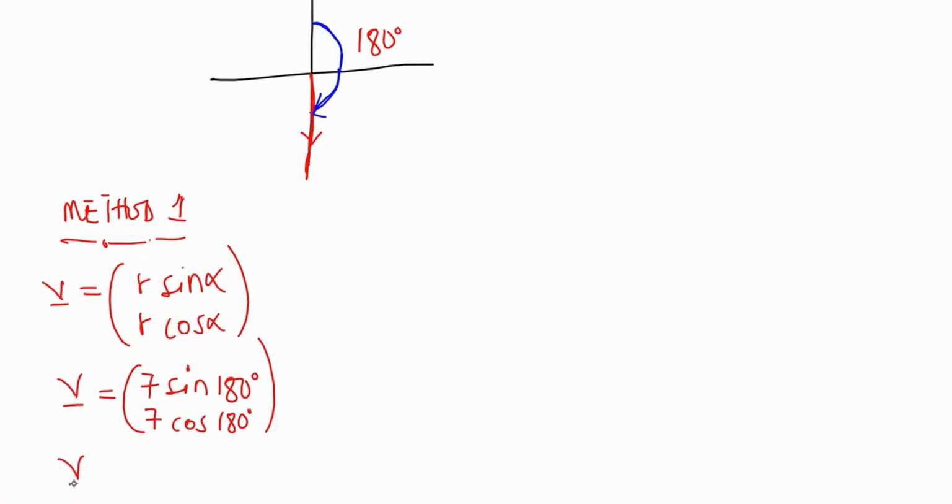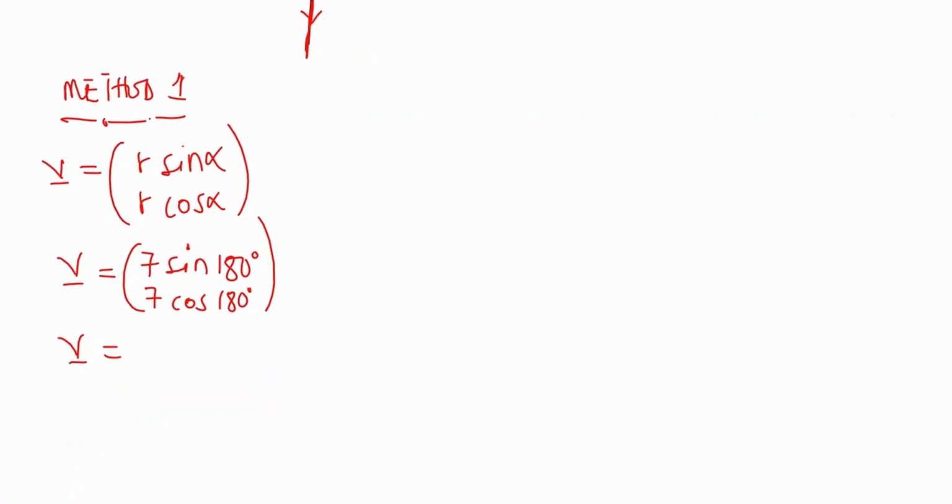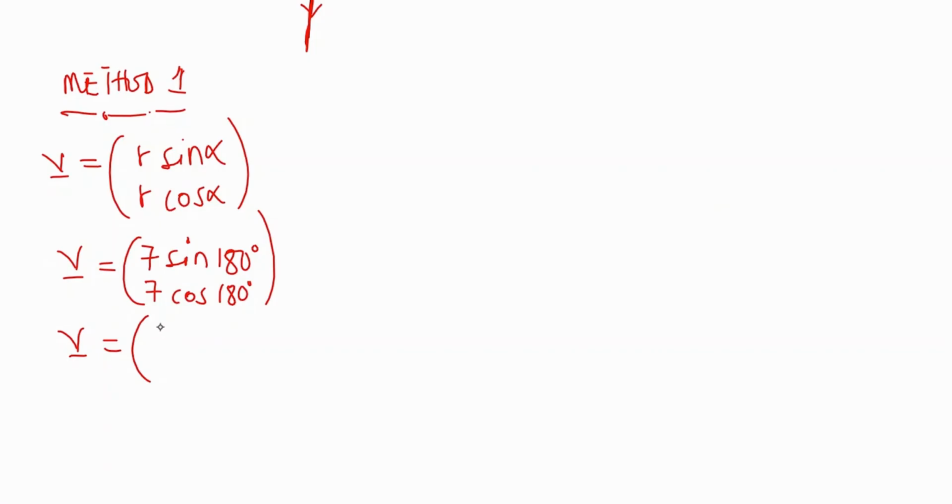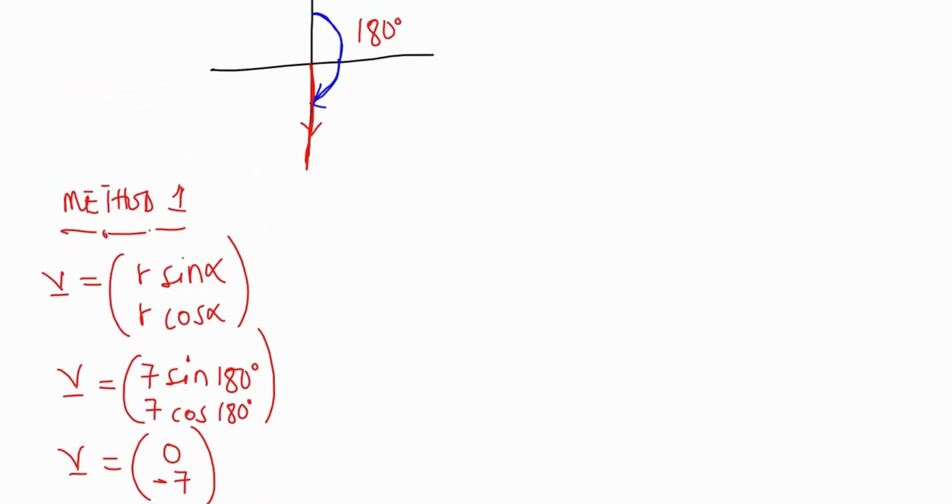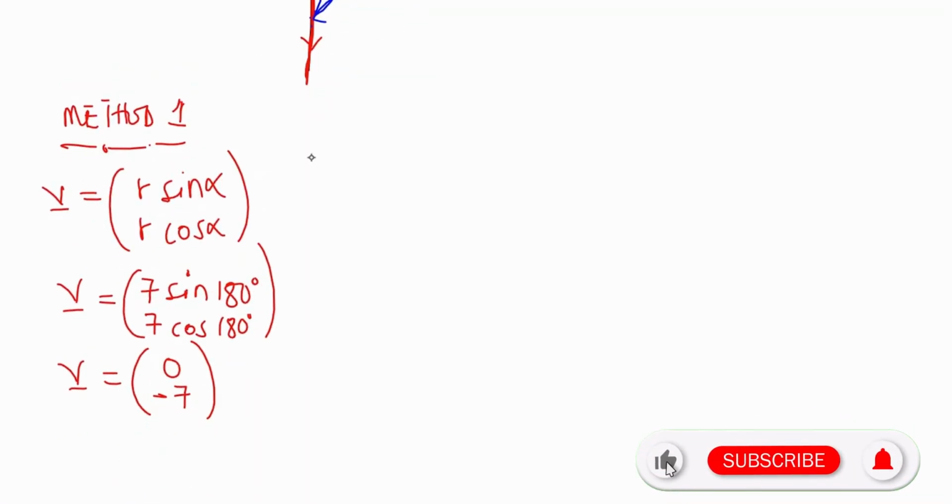So in component form, the vector v is now giving us 7 sine 180, which gives us 0, and 7 cos 180 gives us negative 7. So that is method 1 without considering any quadrant. Now let's move to method 2, where we are going to consider the quadrant in which the vector lies.